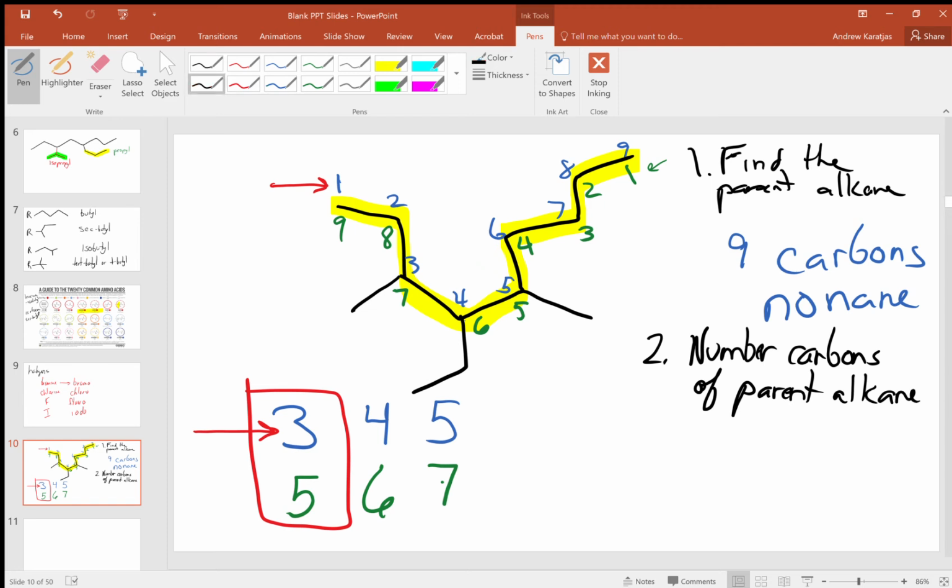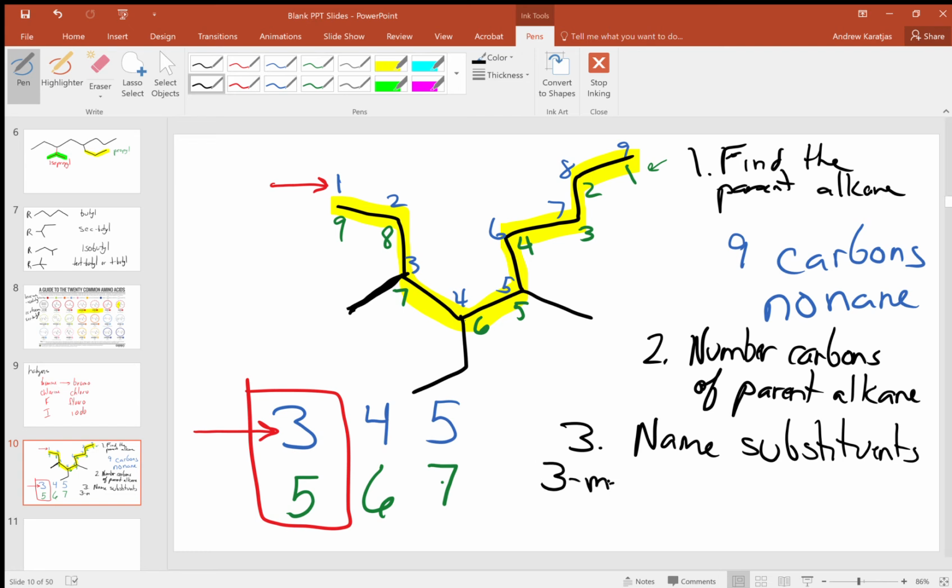Third step, name the substituents. So our first substituent is the one at carbon 3. How many carbons are in that substituent? We should get 1. And we learned previously that a 1 carbon substituent is named methyl.